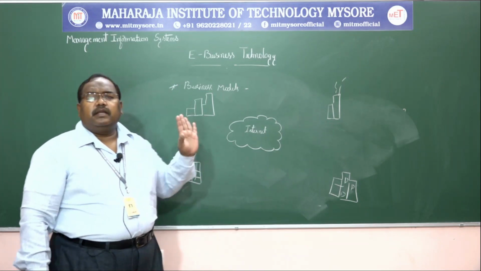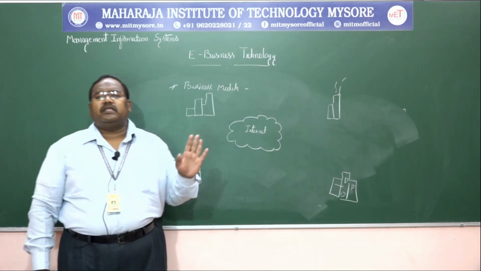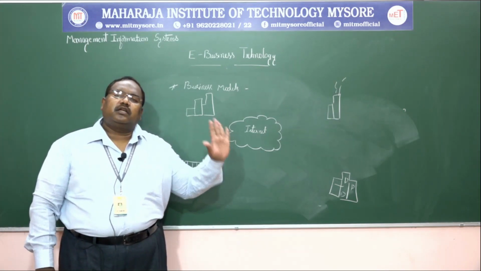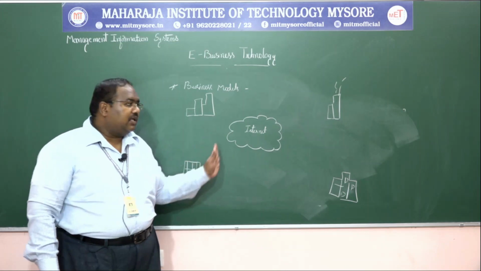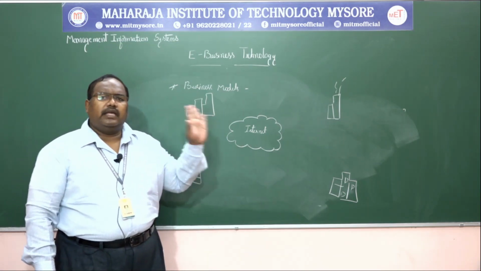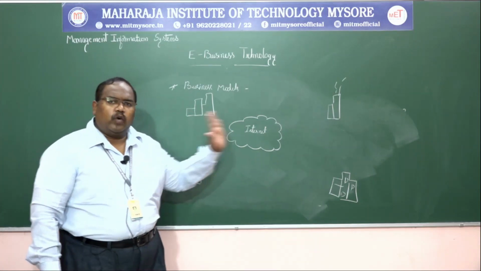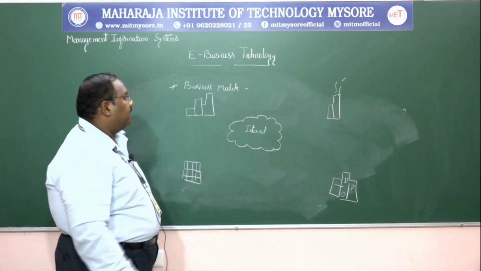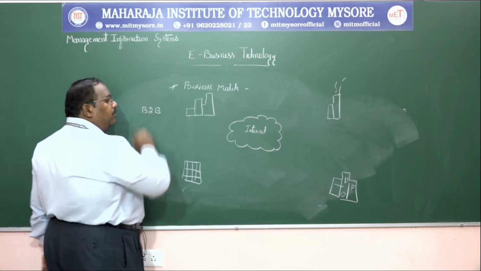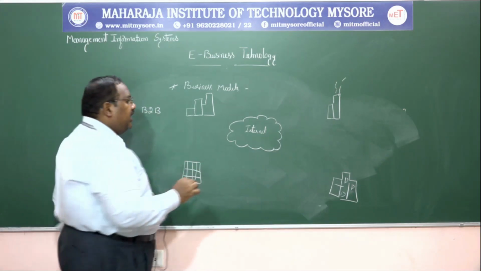Here, B2B applies to the business of buying and selling to each other over the internet. So these are the different business organizations where buying and selling happens between one another, that is B2B. We are talking about B2B, between one another over the internet.